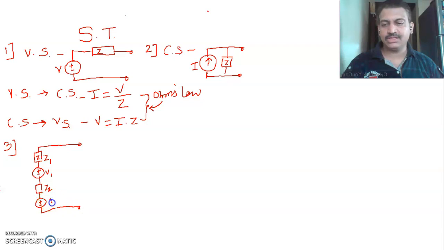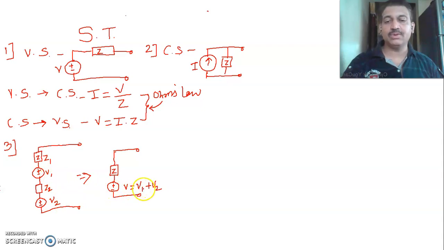When we have this kind of series connection, what is its equivalent circuit? I first draw these circuits and then we'll see the explanation. V1 and V2 are both connected in series, so the equivalent V can be calculated using Kirchhoff's voltage law: V is equal to V1 plus V2.